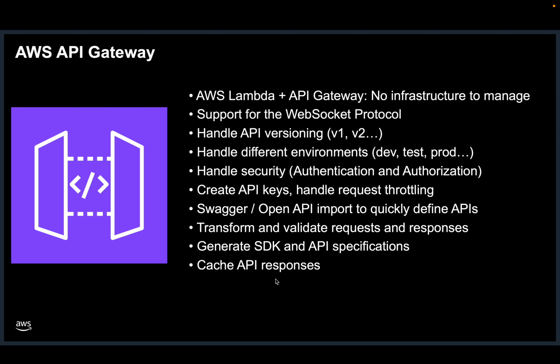Now let's get started with API Gateway. As we have seen in the previous example, with AWS Lambda plus API Gateway plus DynamoDB, we don't need any infrastructure to manage. It supports the WebSocket protocol, and it handles API versioning like v1 and v2, and different environments.